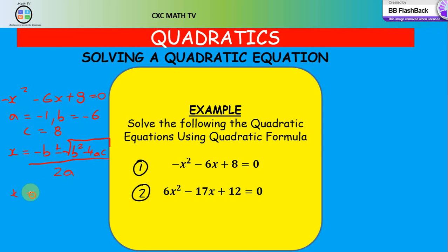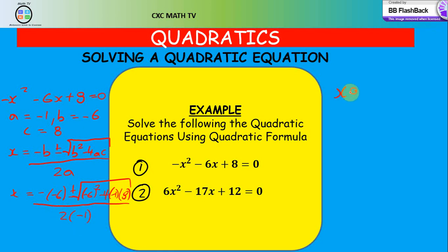Plug it into the formula now. So minus negative 6, plus or minus the square root of negative 6 squared minus 4 times a, which is negative 1, times c, which is 8, divided by 2 times a, and a is negative 1.